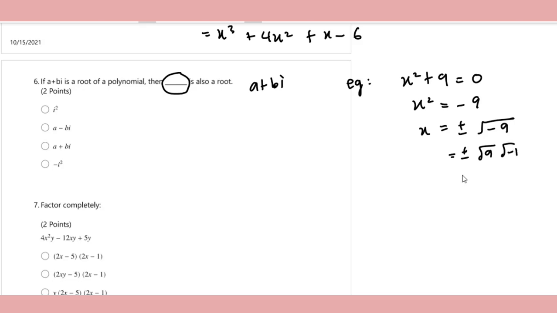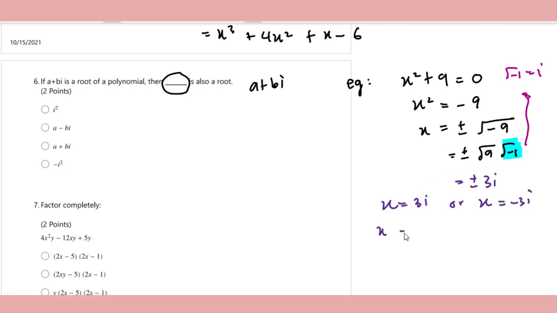Set negative 1 equal to i. Then the next step, plus minus 3i. So x is equal to 3i, or x is equal to negative 3i.